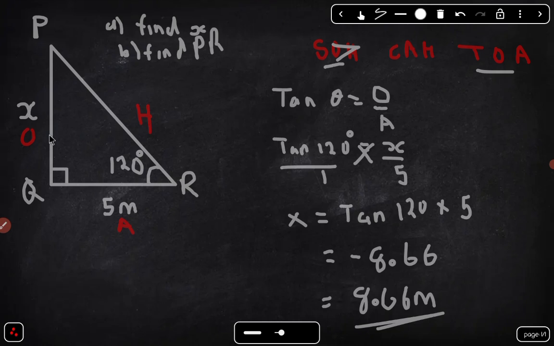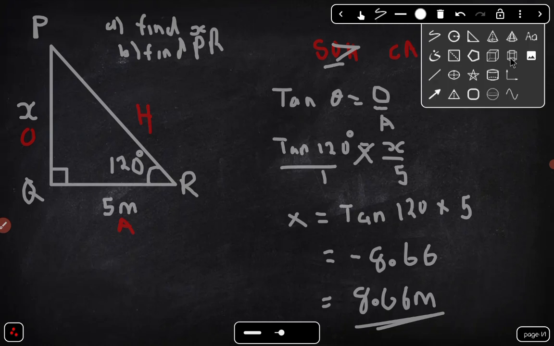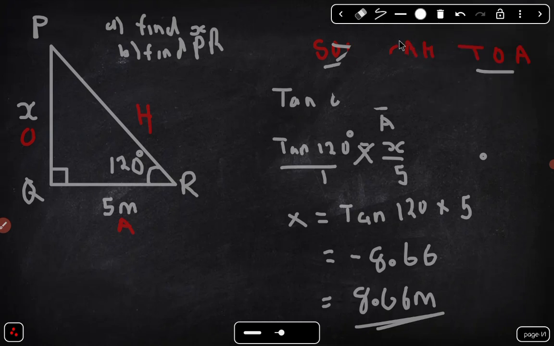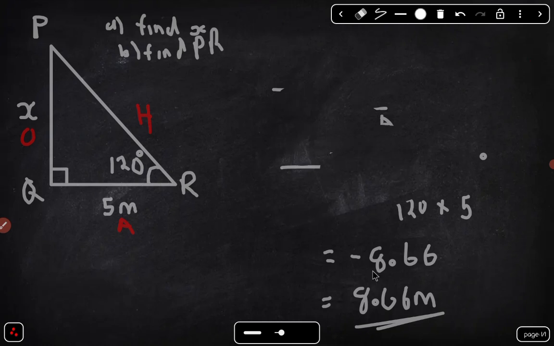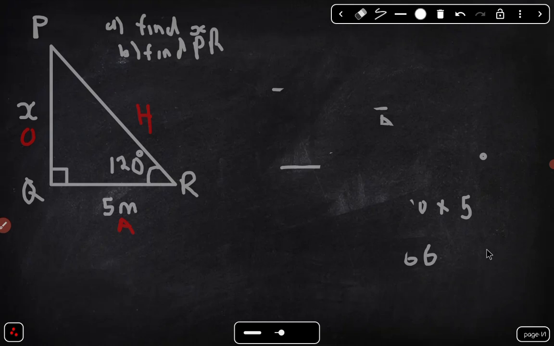Now the other question says find PR. So for us to find PR, we are going to just rub this off. We can use another trigonometric ratio.